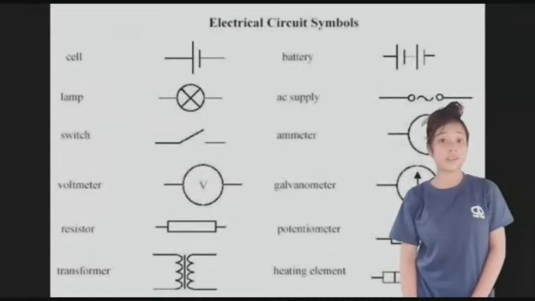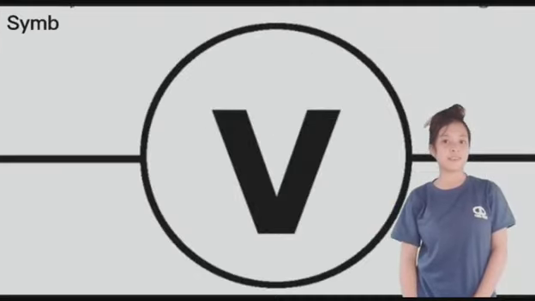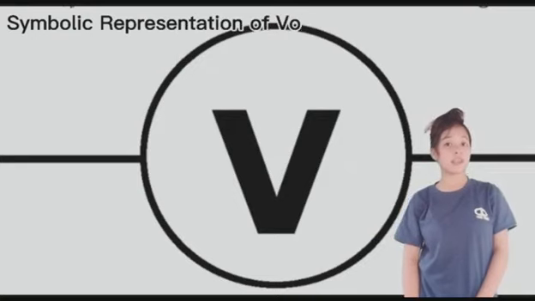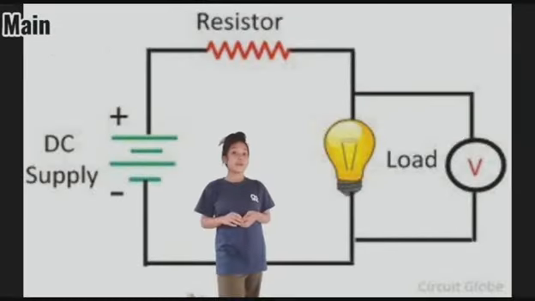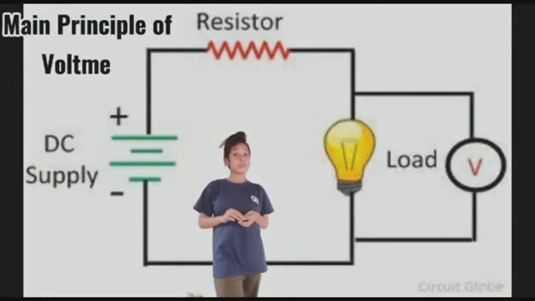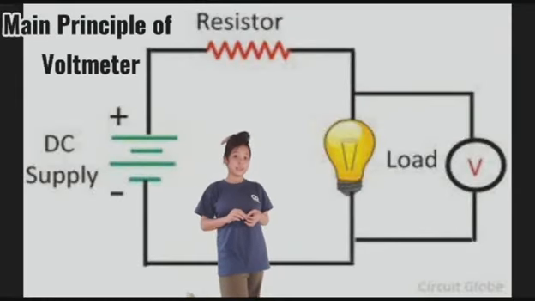A voltmeter in a circuit diagram is represented by the letter V in a circle with two straight lines connected to it. The main principle of a voltmeter is that it must be connected in parallel across the component we want to measure the voltage of.